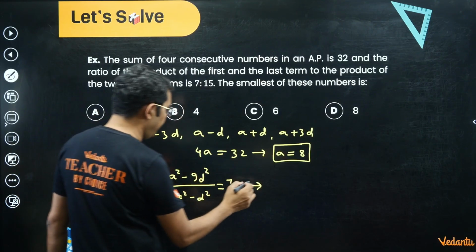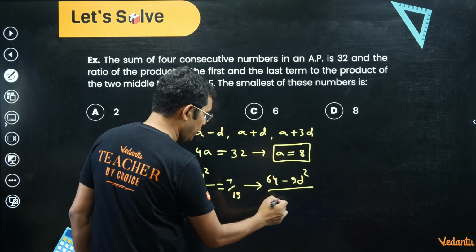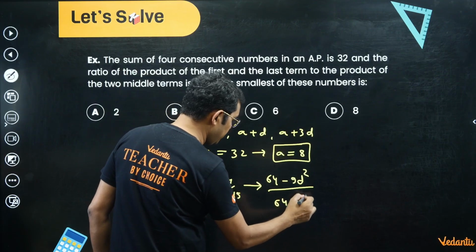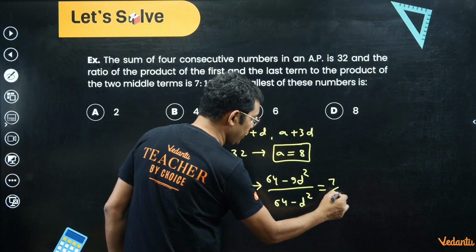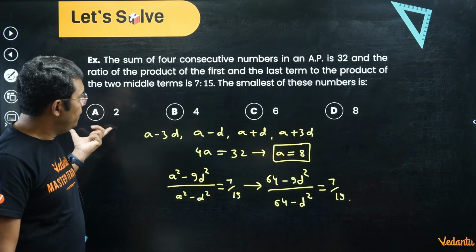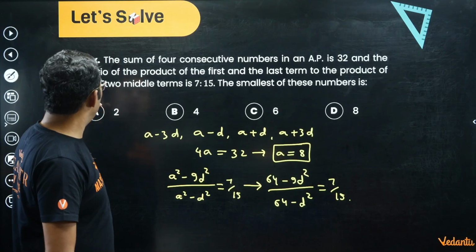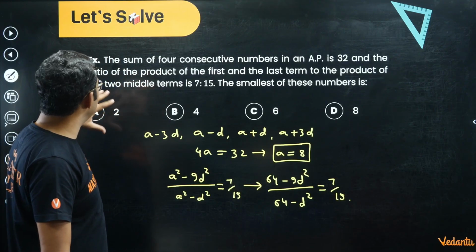Now A is 8, so I'll write 64 minus 9D square upon 64 minus D square is equal to 7 upon 50. Now once again, one method could be option putting because they are asking the smallest of these numbers. Also please see if they have given some increasing AP or not.